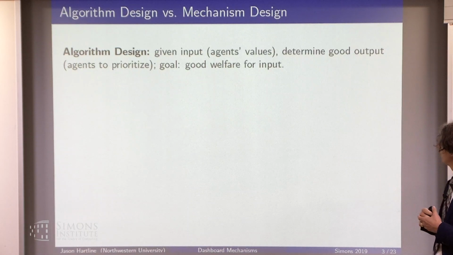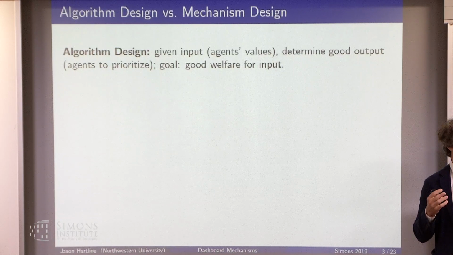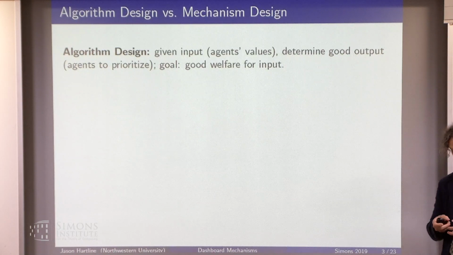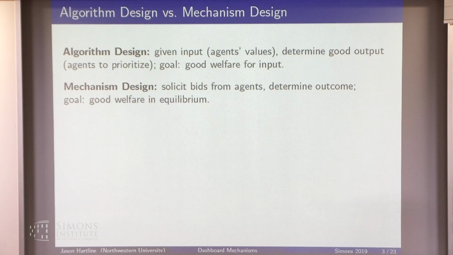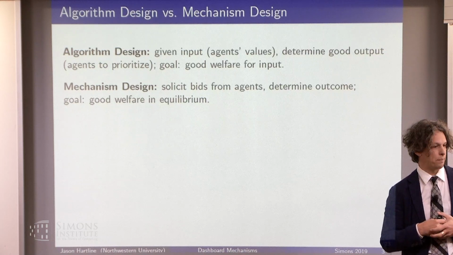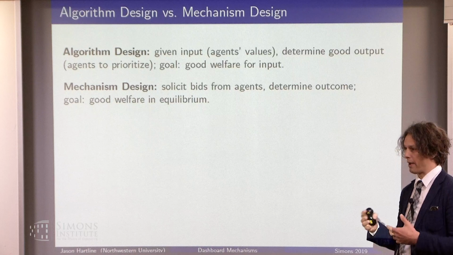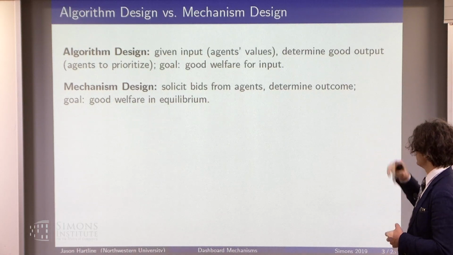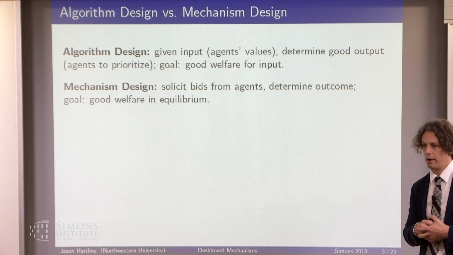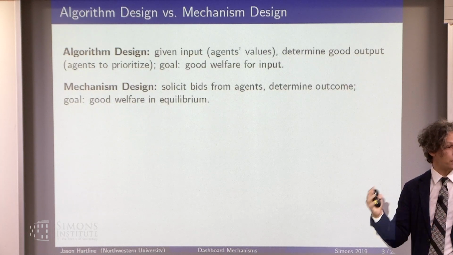Given input values, determine a good output, and our goal is to optimize some objective like welfare. Mechanism design contrasts with this because we allow that the input might be strategic and the agents might manipulate the input to the mechanism to try to get a better outcome. So we'd like to determine an outcome that has good welfare and come up with a mechanism that has a good outcome in equilibrium when everyone behaves strategically.